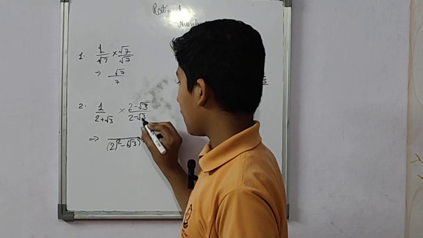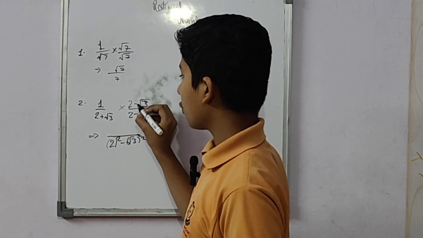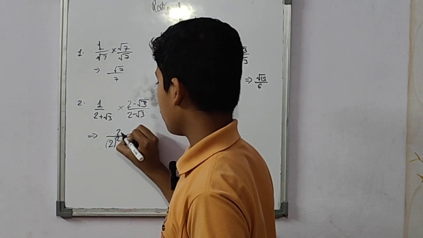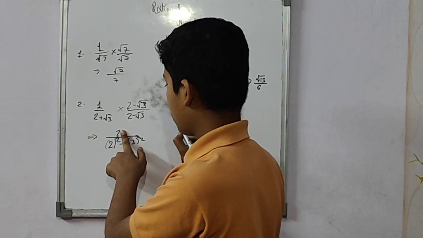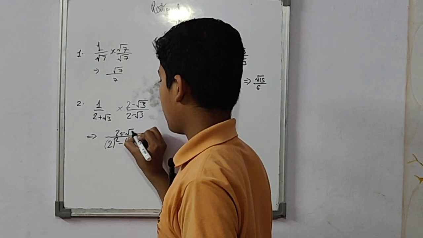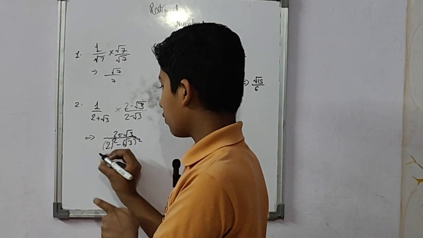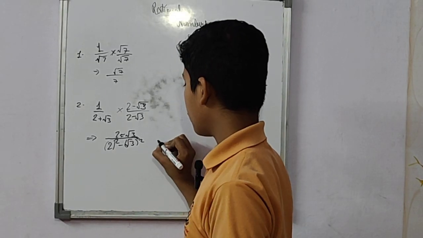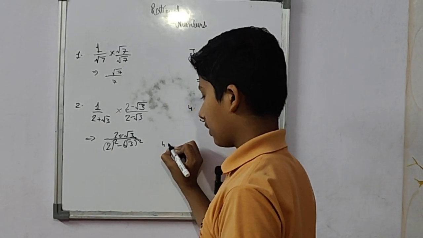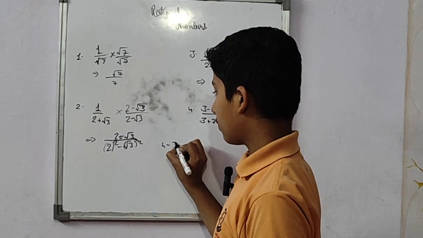Now come to our numerator. What is it? 1 into 2 minus root 3 will remain 2 minus root 3. Okay, so 2 square equals 4 and root 3 square equals 3.